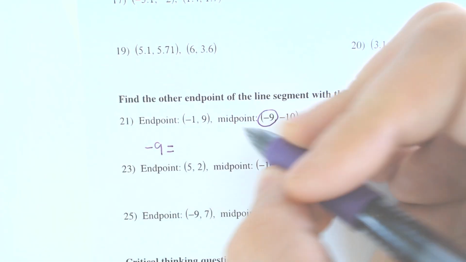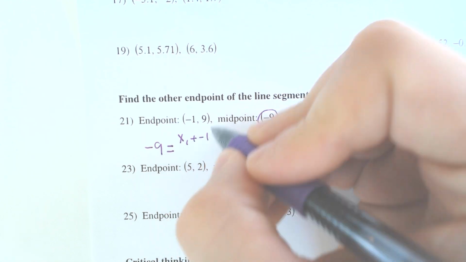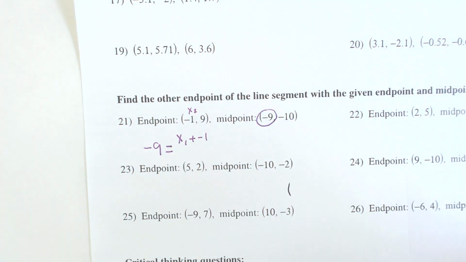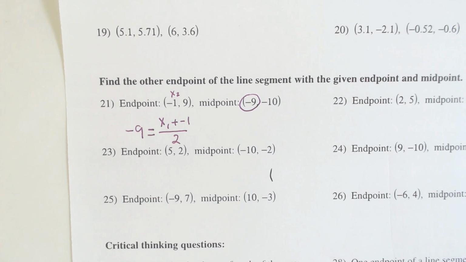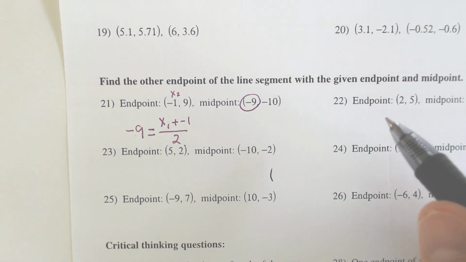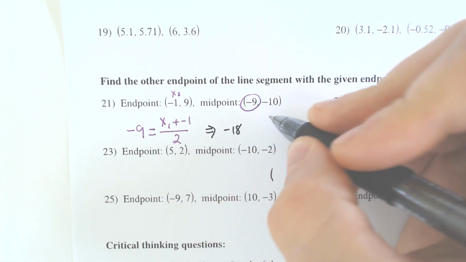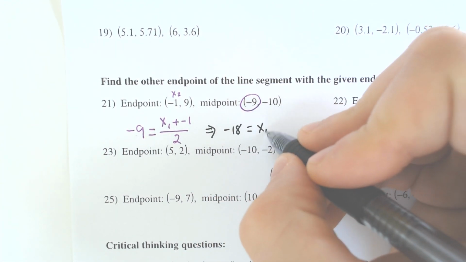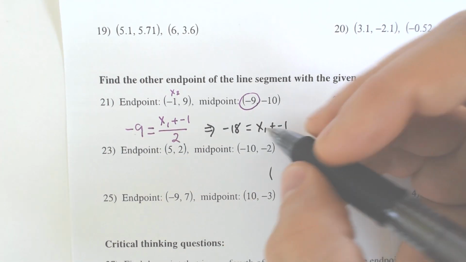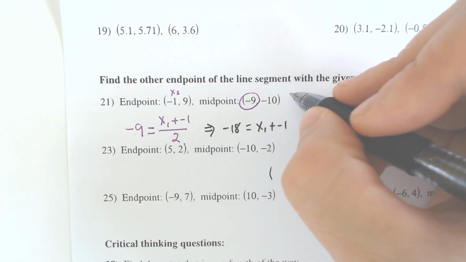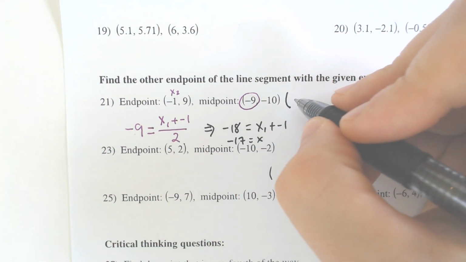If you set that equal to x1 plus that -1, which we can call x2, and divide by 2, you could solve for that equation. If you multiply by 2, you get -18 would equal x1 plus -1. And if we add that 1 over, you end up with the x value of -17 for that endpoint.